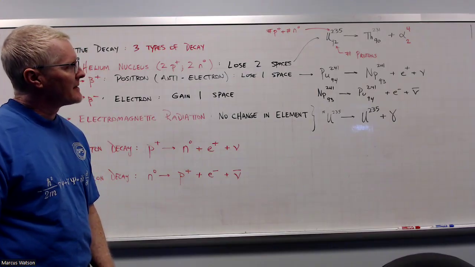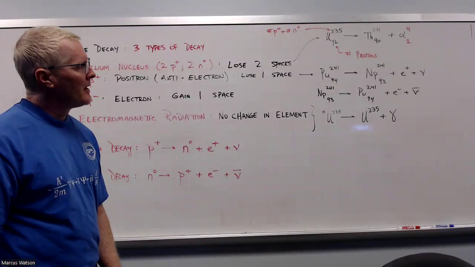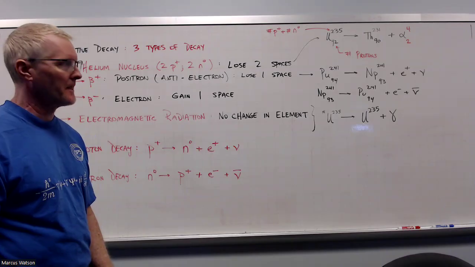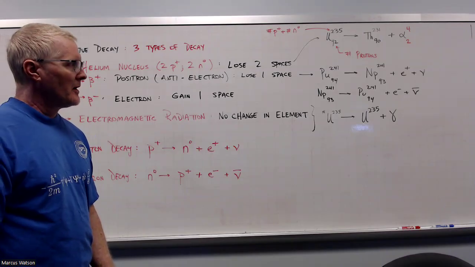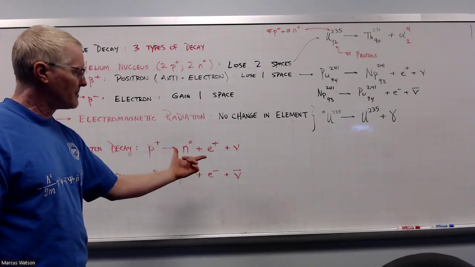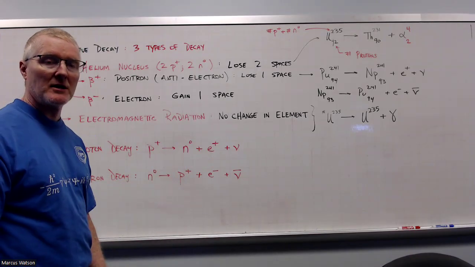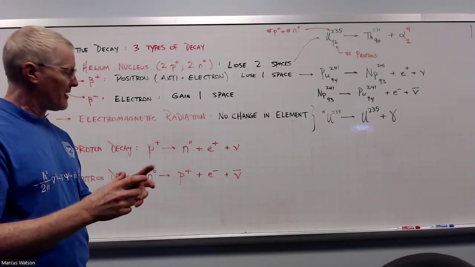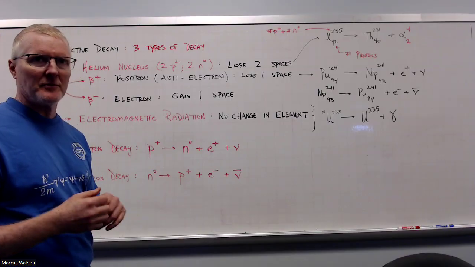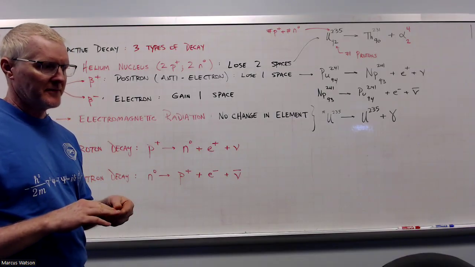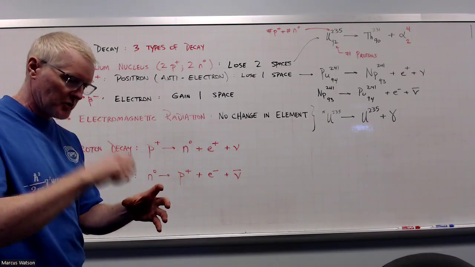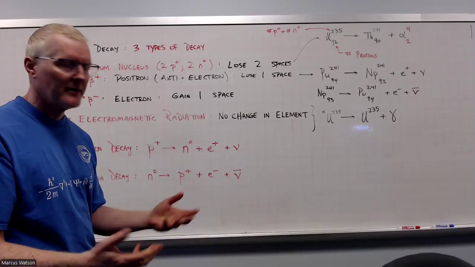I'm going to leave you with a couple of thoughts about beta decay. So you write these types of reactions down, and people think that a proton, for lack of a better visualization technique, if I'm going to bust open a proton to see what it's made of, I'm going to go, chunk, chunk, chunk, chunk, like a coconut.